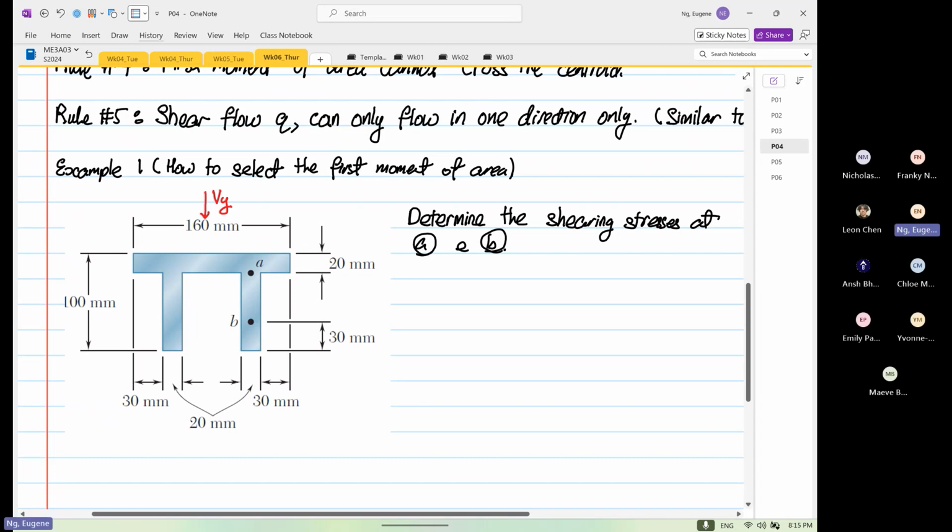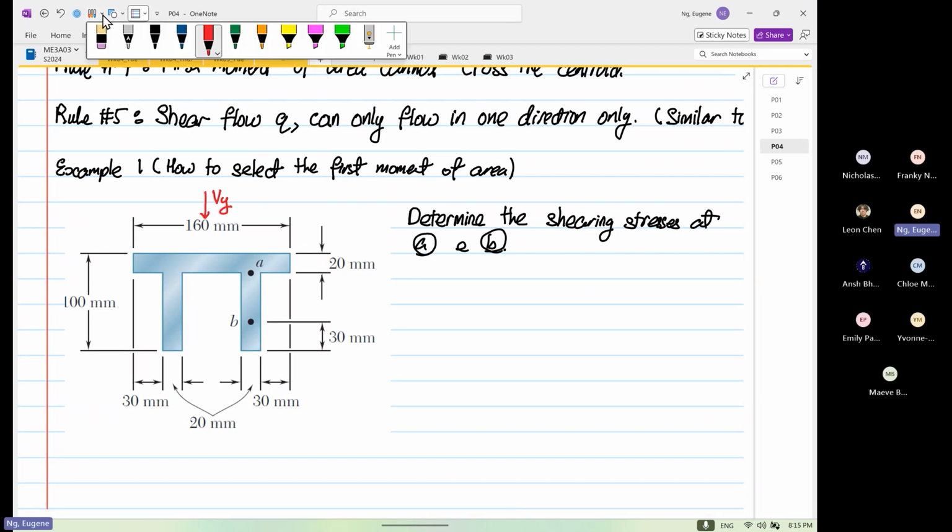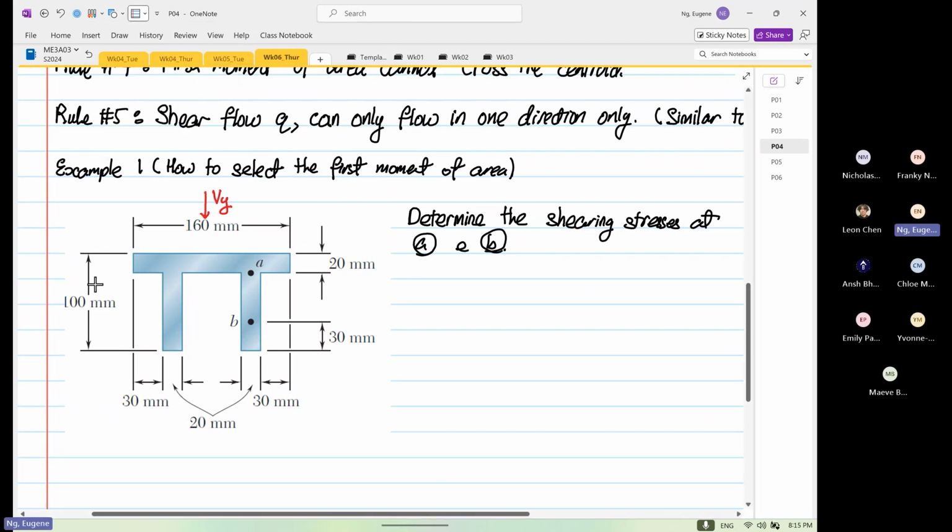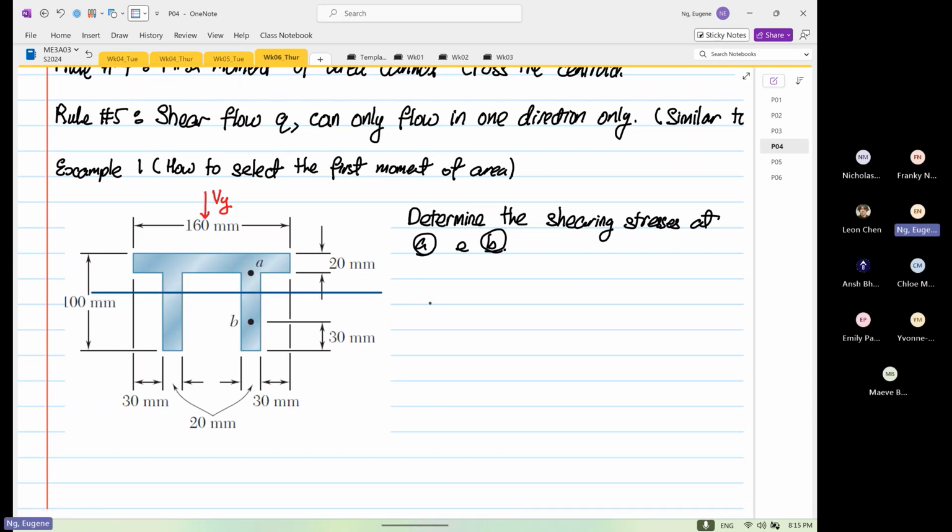So very obvious is that we will need to determine our ZZ axis. So I will draw the transformation. This is our Y and this is our Z. We have to focus on our ZZ axis.